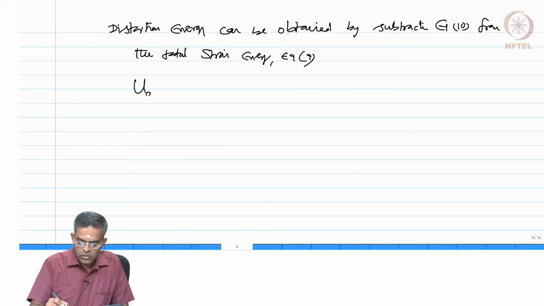So, I should say U distortion should be total U minus U volume.